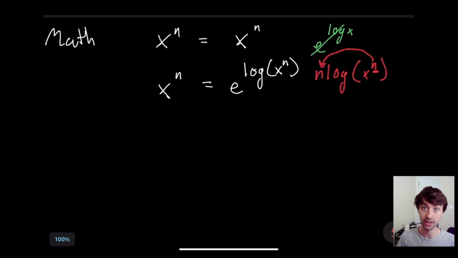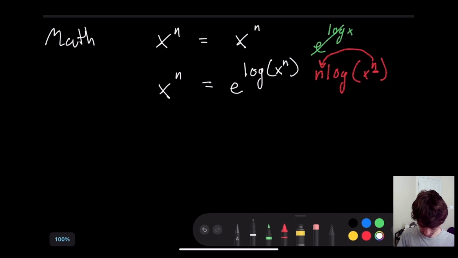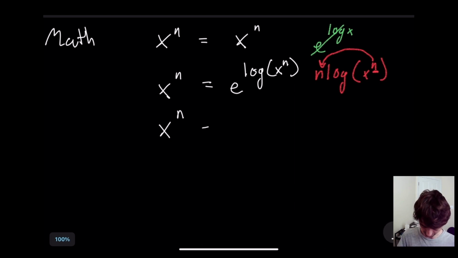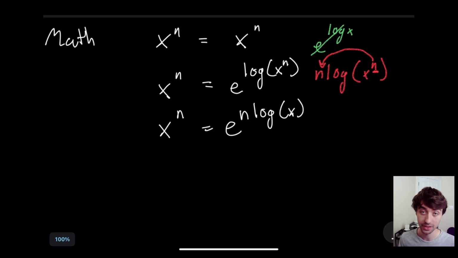This is a property of logarithms that you may have seen before in mathematics. So using that rule, we can keep the left side the same, and change the right side to e to the power of n log x, like that.